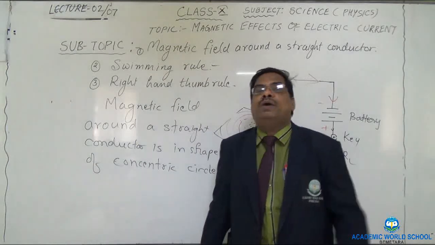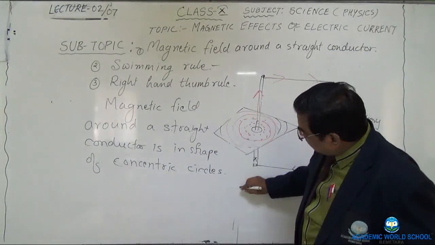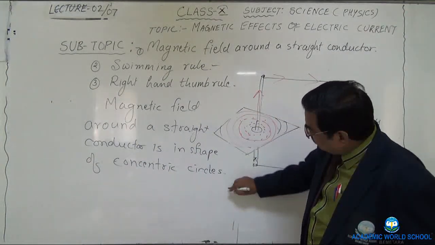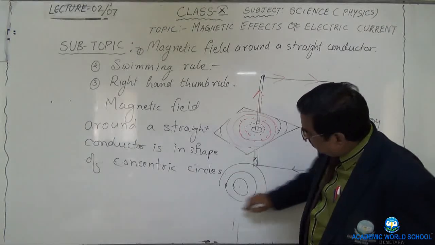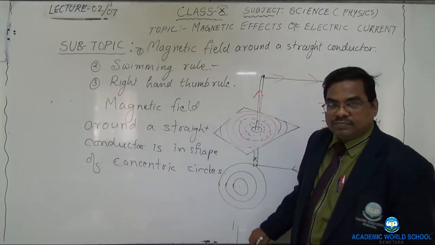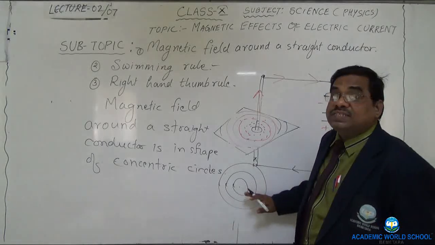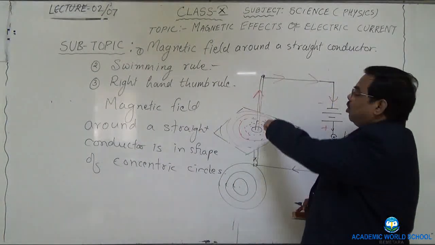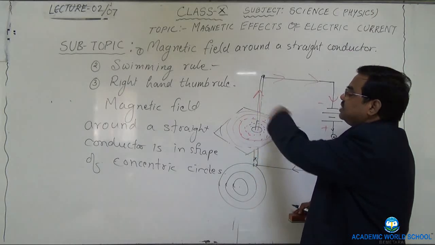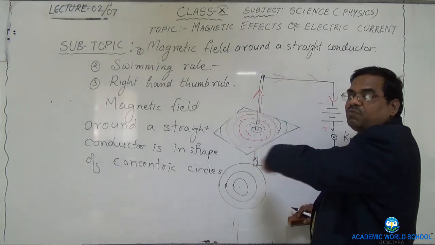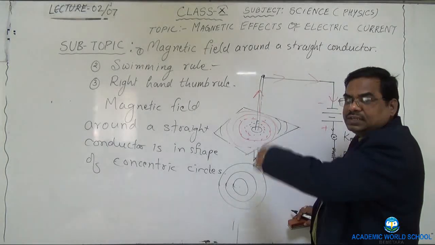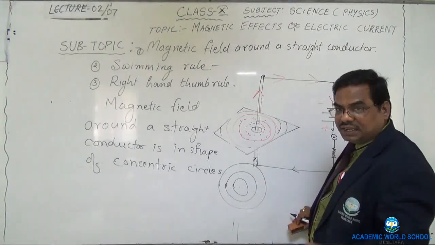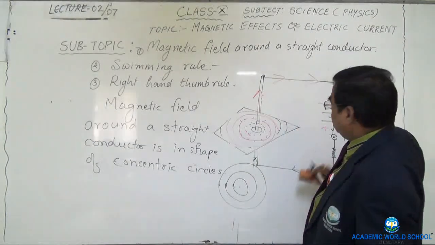Concentric means common center. All the circles have the same center, one center, and around that. This is called a concentric circle. So here also all the magnetic field lines will be in the shape of common center circles, concentric circles.